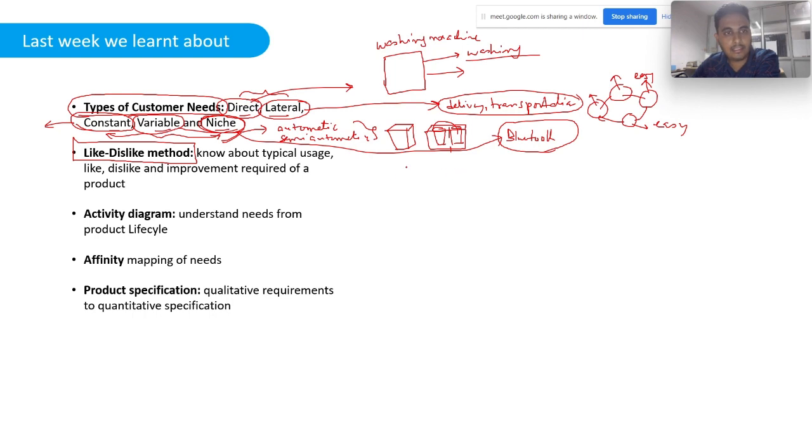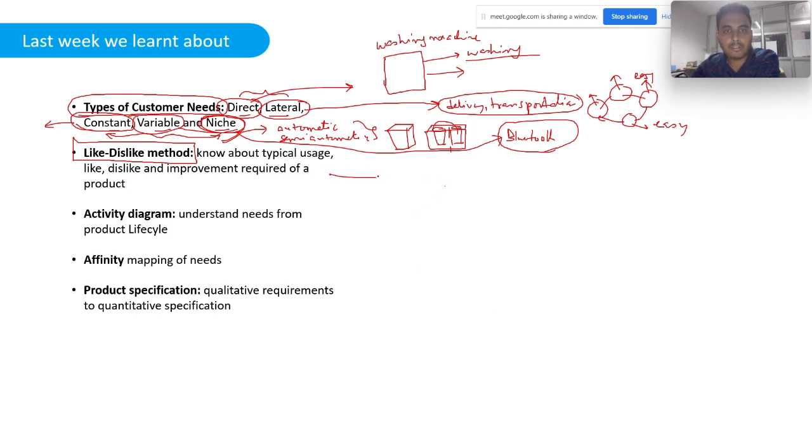In like and dislike needs, we try to find out the basic needs by asking several questions regarding a product to the end customers, like what he likes in the product, how it is useful for him, what the dislikes are, and from that we interpret certain logics so that we can modify the product in a much better way so that it can help the customer.